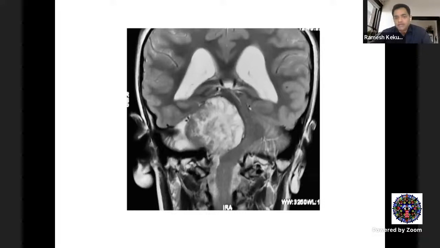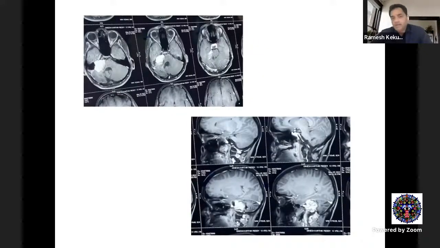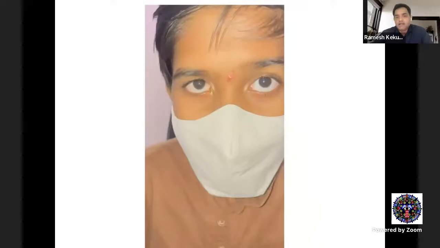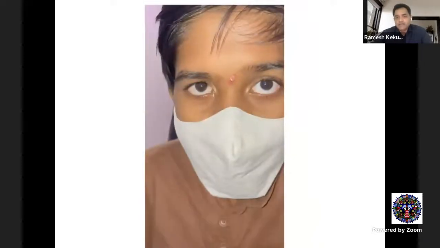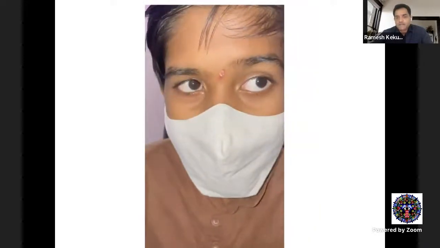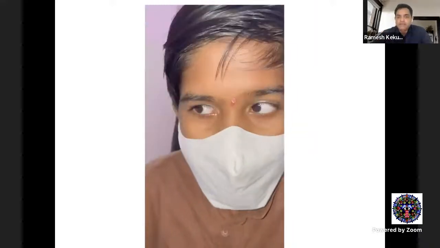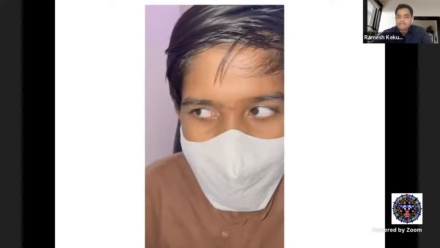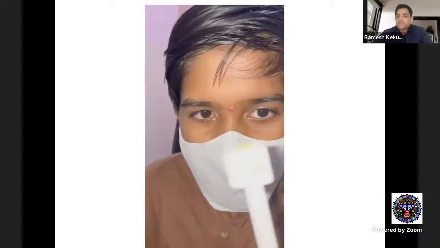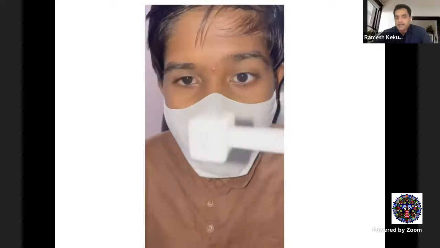This patient underwent some kind of excision and also radiotherapy. You can see the tumor size has shrunk now, and he comes again after some time. The nystagmus in the primary position is stable, but you can still see the nystagmus is still there, that typical nystagmus.